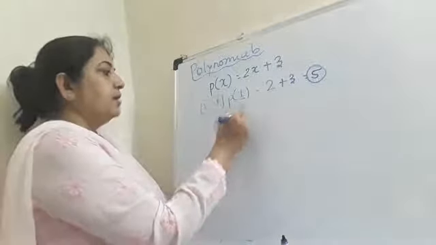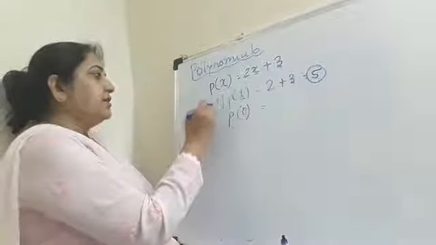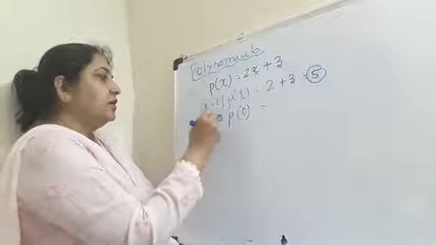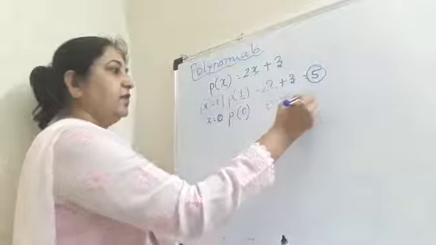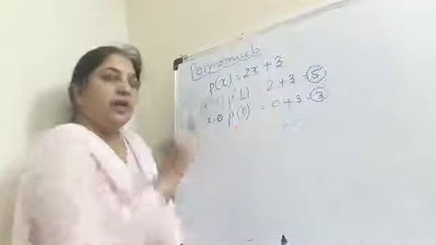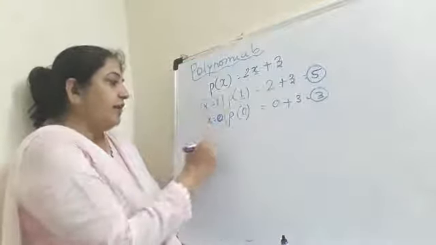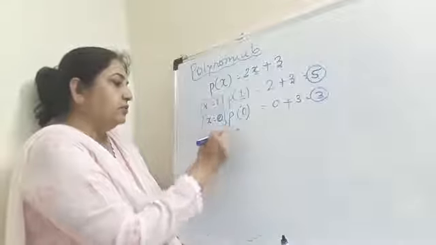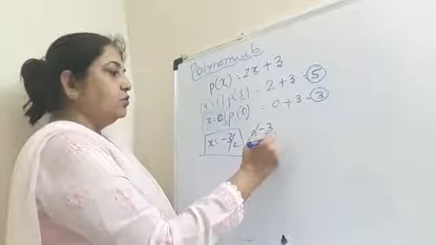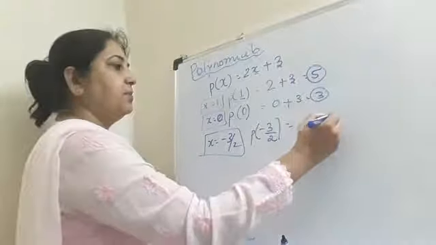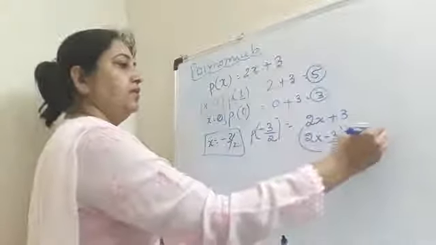Now if I take x as 0, then 2 into 0 is 0 plus 3, that will give you 3. So again you are not getting 0 here. So your next value of x, if I take it as minus 3 by 2, I can assume any value of x. So p of minus 3 by 2 is 2 into minus 3 by 2 plus 3.